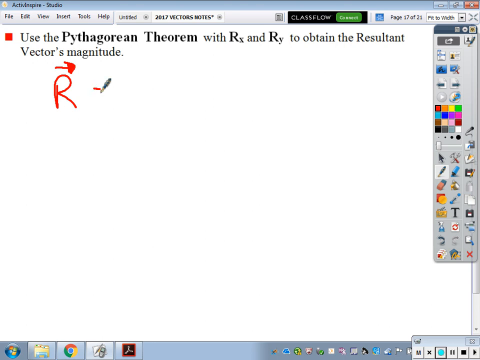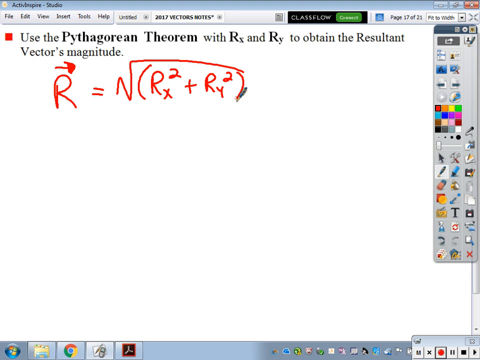So R equals the square root of Rx squared plus Ry squared. And again, even though it's in different notation, is that just Pythagorean's theorem? That's all it is. And now that we know these values, this should be pretty easy to do.